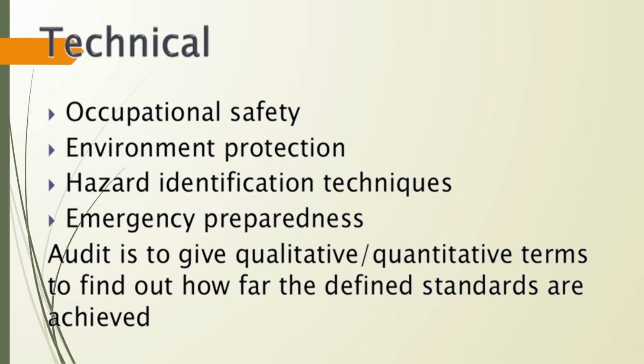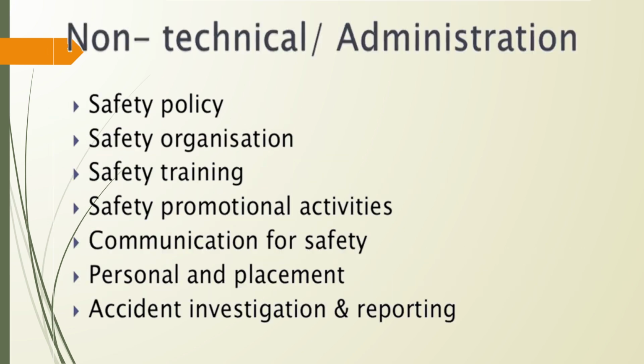Technical scope and audit purpose: occupational safety, workplace health and hazard controls, environmental protection, compliance with environmental regulations and waste management, hazard identification techniques, methods used to spot and assess risks, e.g., HAZOP, JSA, emergency preparedness, readiness and response planning for potential crises.